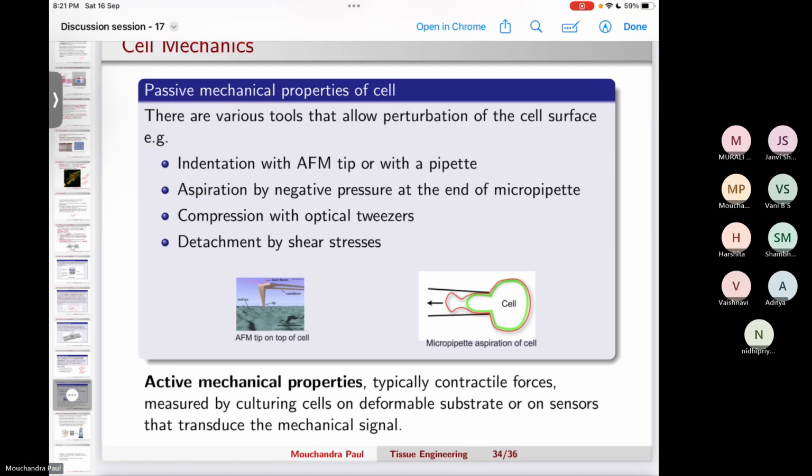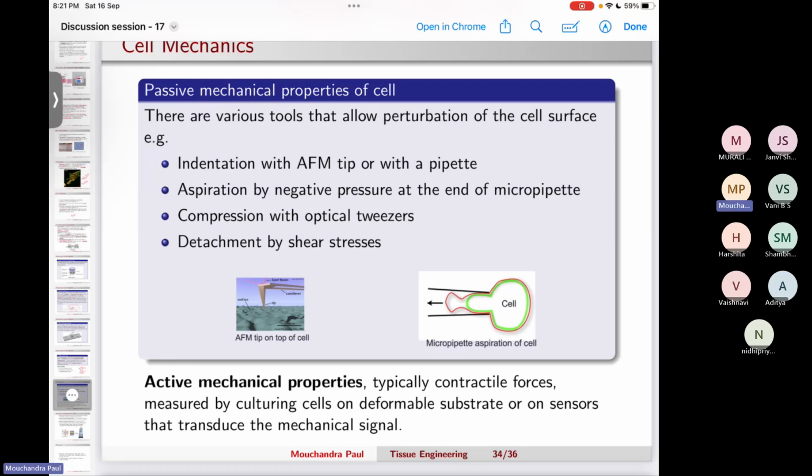All right. So we are almost towards the end of our discussion today. Now, in order to see how the cells behave in response to some mechanical force, you apply some force on it, and then you study what kind of mechanotransduction signaling takes place in the cell.